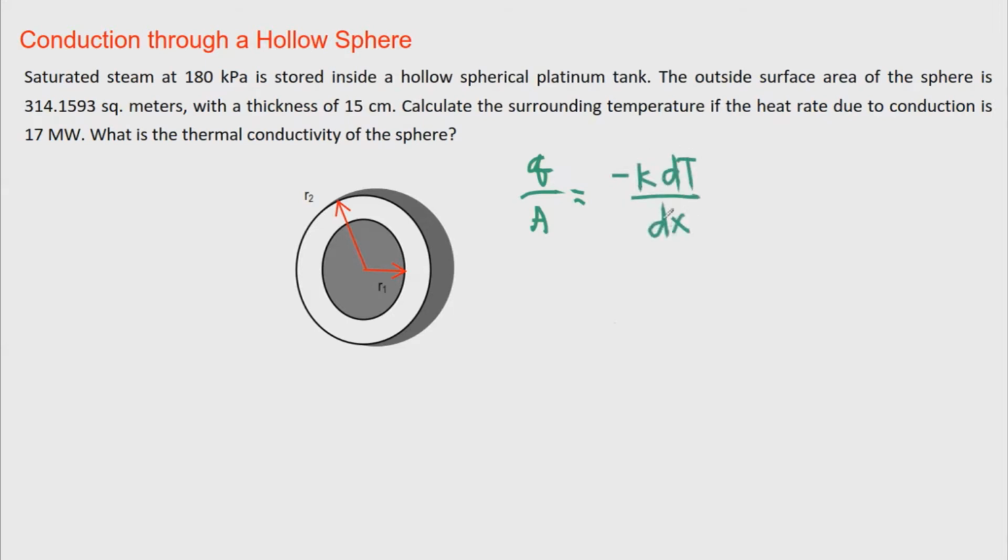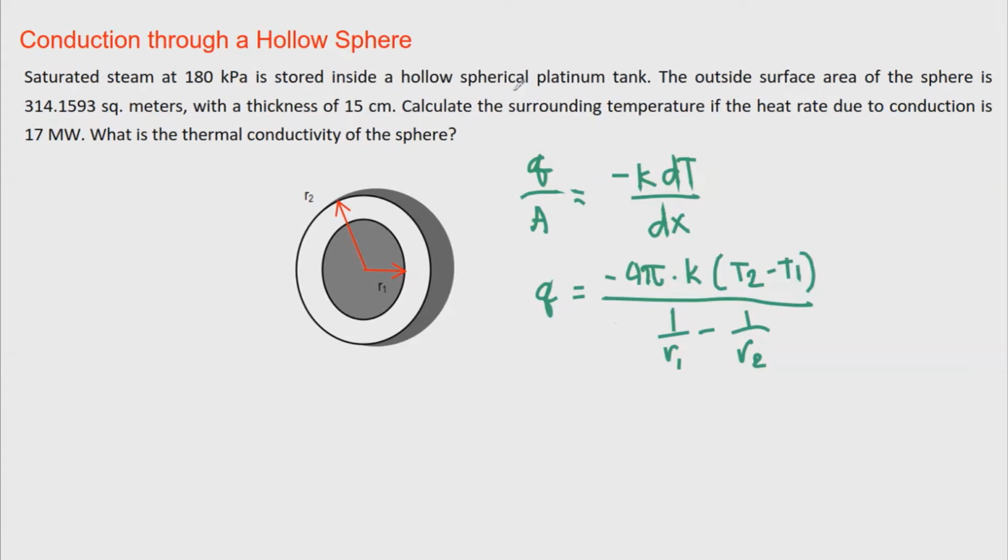And before, we derived the formula for finding the heat rate through a hollow sphere, and this is given by Q equals 4 pi, then the thermal conductivity, then the difference in temperature, then the negative symbol, and then the reciprocal of the area, which is R1 and R2. So this is a pretty easy equation to memorize.